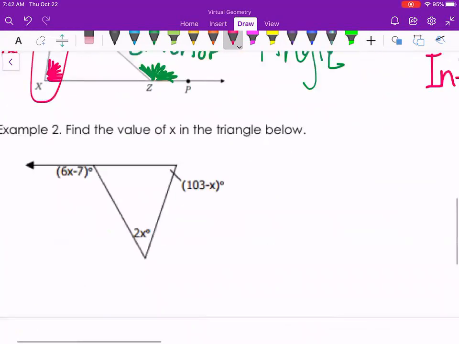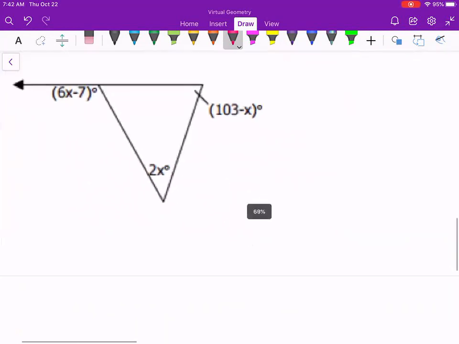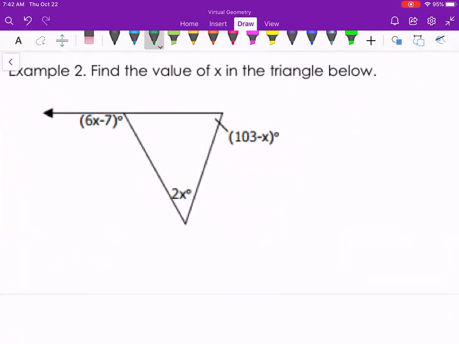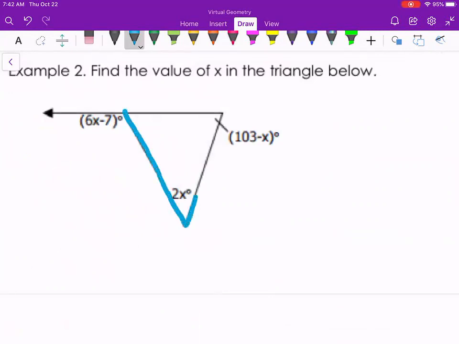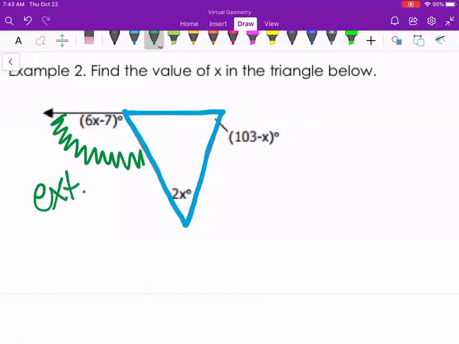So let's see how that works with our algebra now. So we have our last example down here. All right, so again, notice where your triangle is sitting. Even though it's upside down, okay, so there is our triangle. So that means 6x minus 7 is the exterior. And I should be able to add up the remote interiors that are not connected to it.